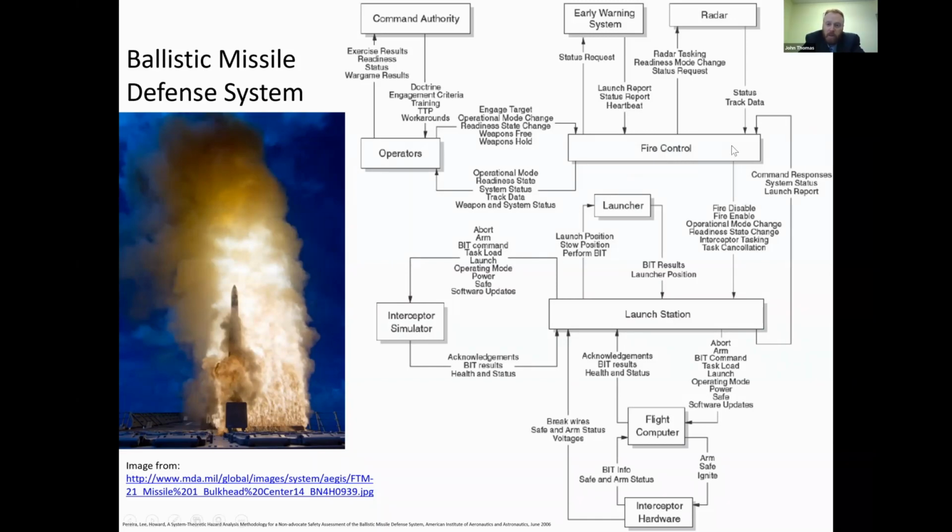The fire control station will send a fire enable command down to a launch station somewhere in the world. The launch station will then send a launch command to a computer on a missile, and the flight computer will send an arm and ignite command down to the interceptor hardware on the missile when the time is right. Every one of those control actions is informed by feedback that bubbles up from the bottom to inform the decision and help the controller make the right decision.